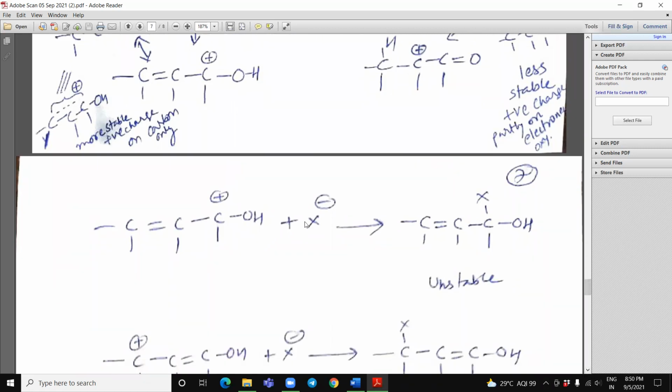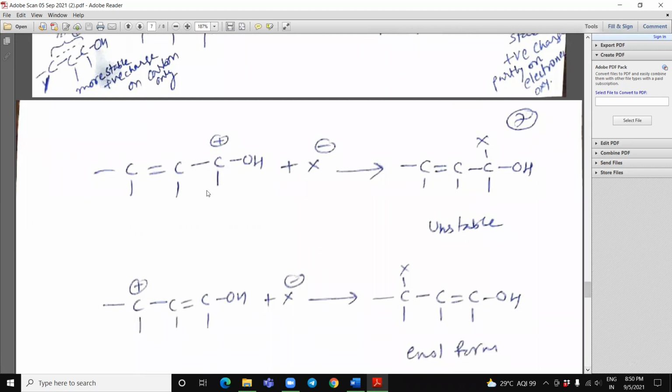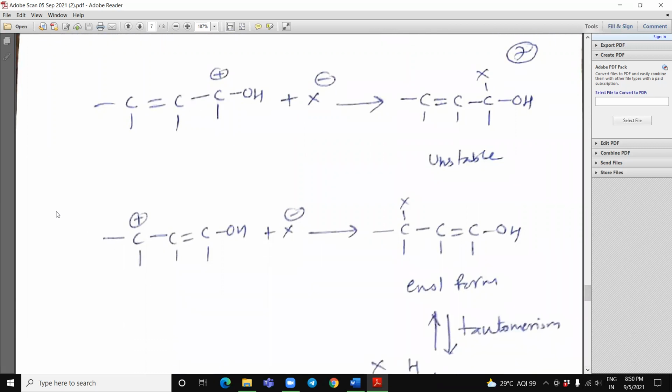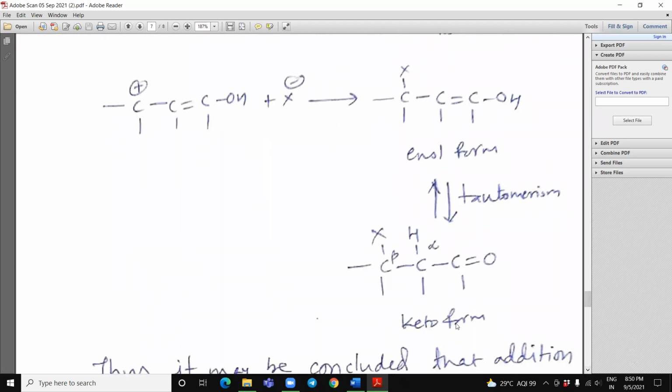Then the nucleophile part: the electrophilic reagent also contains a weak nucleophile, and if it is added to this carbon, it will give an unstable product. If it is added to this carbon, it will give the stable enol form, and then on tautomerization, it will give the keto form.